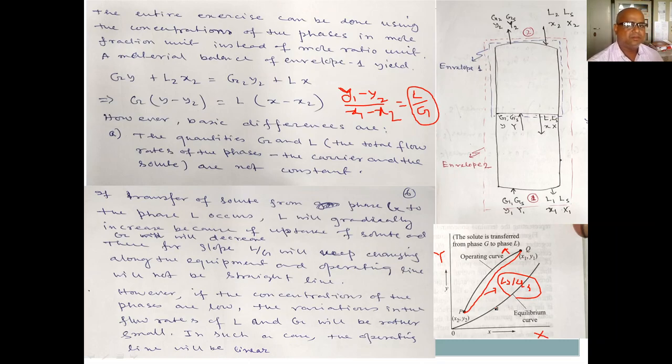So this is the advantage, because if I make the calculation based on solute free basis, then the operating line will be straight. But if I do the calculation based on total flow rate and corresponding mole fraction, L and G, then because L and G keep changing, the slope is changing, and the calculations for designing the equipment will be difficult. Because at every point I have to calculate what L and G are, and then draw this.